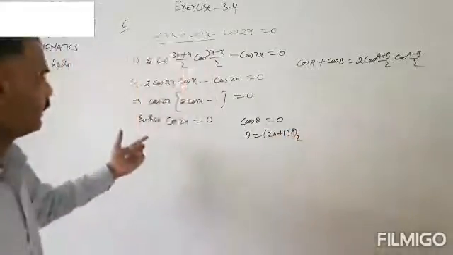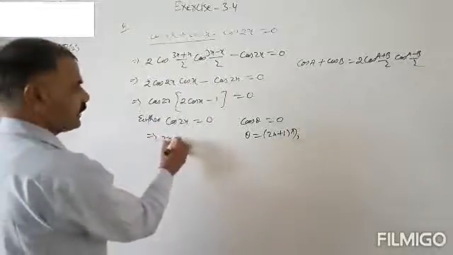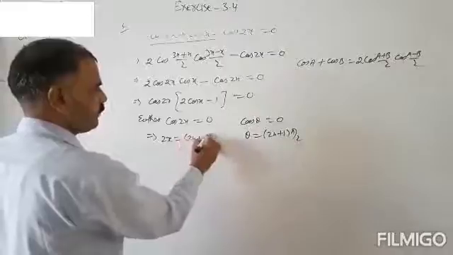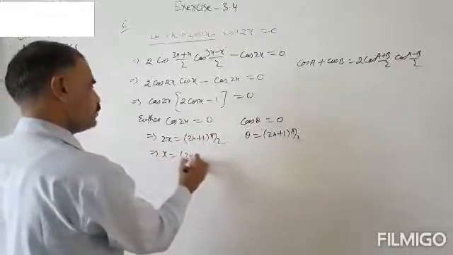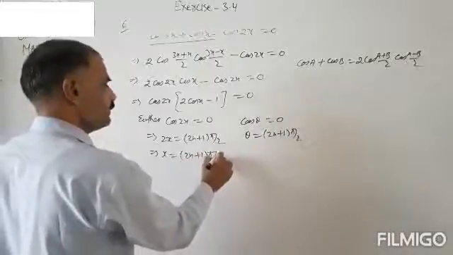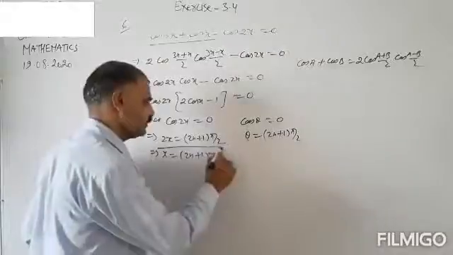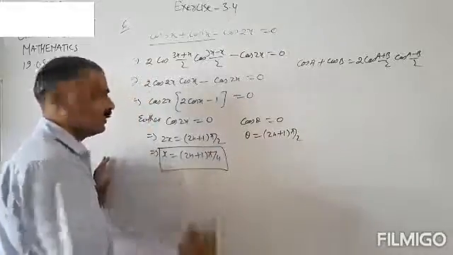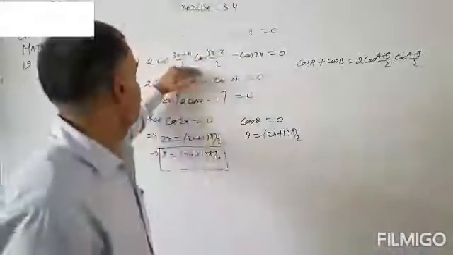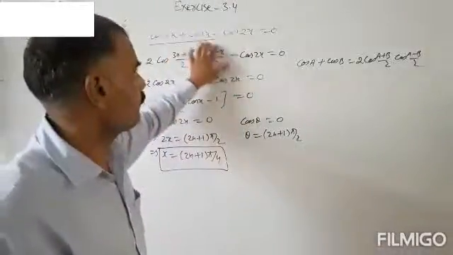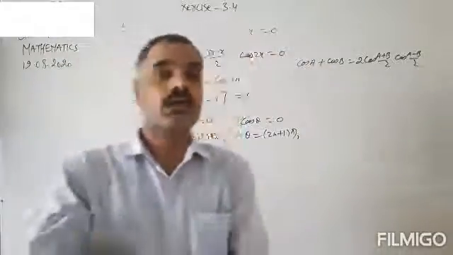Similarly, cos 2x equals 0 implies that 2x equals (2n plus 1) pi by 2, which implies that x equals (2n plus 1) pi by 4. So this is the first general solution of the given equation, cos 3x plus cos x minus cos 2x equals 0.